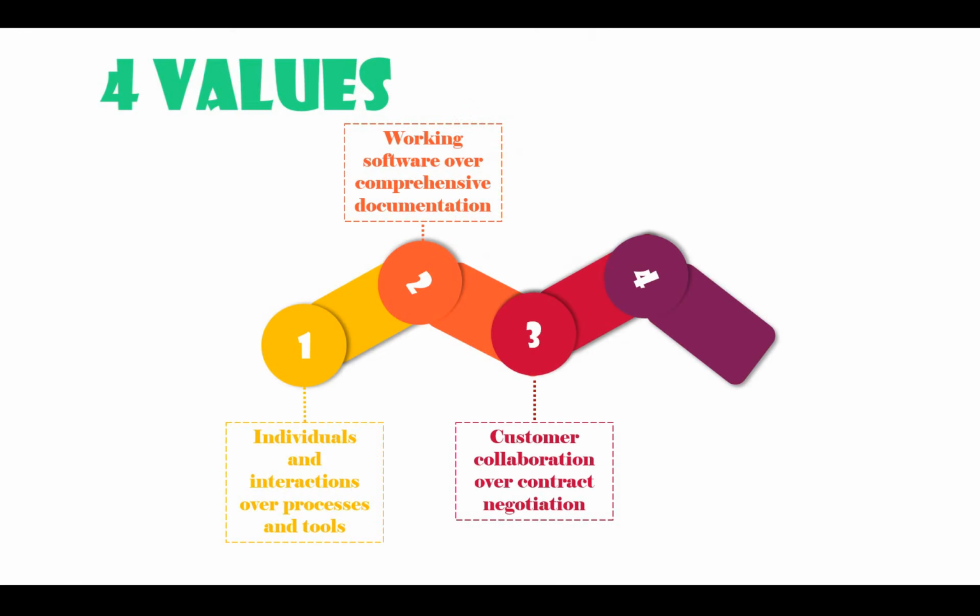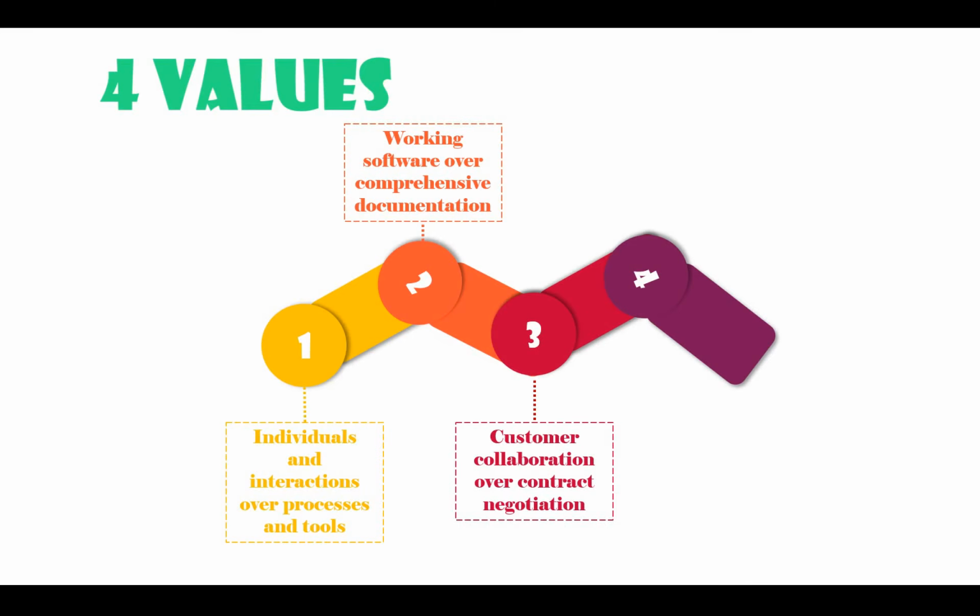Now the third key value is customer collaboration over contract negotiations. In general, with customers or the product teams, we'll have some kind of contract and we say, okay, we agreed to this, we'll just do that. But it's more than that. In Agile, the customers or the product owners should be more collaborative with the team, and we are looking at working together to achieve the goals.